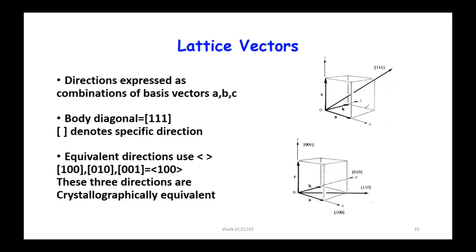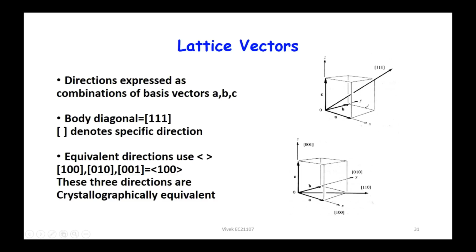For example, if you consider a simple cubic cell, its three axes are along the x-axis, y-axis, z-axis, and all these three sides are equal. So let's say they are all a naught.